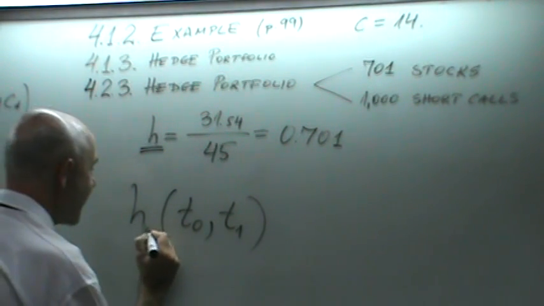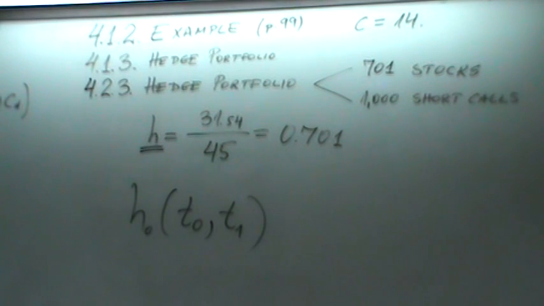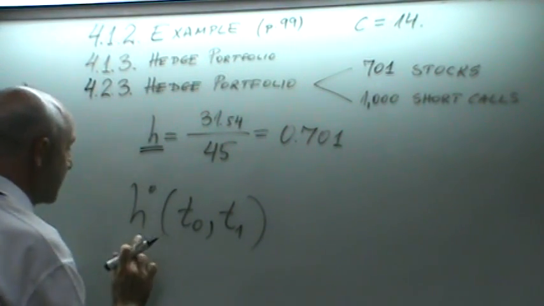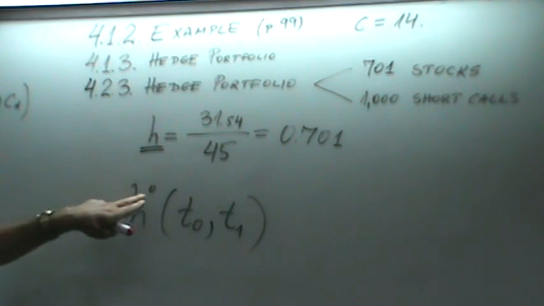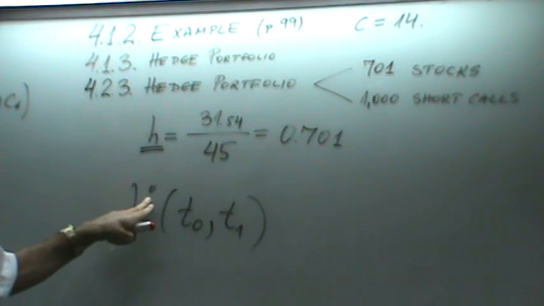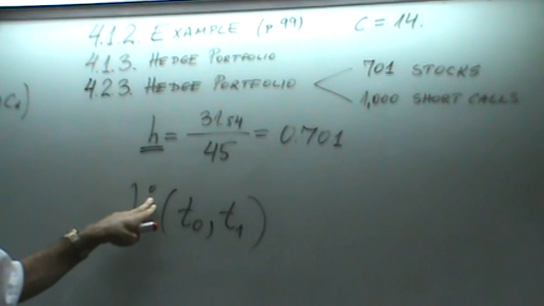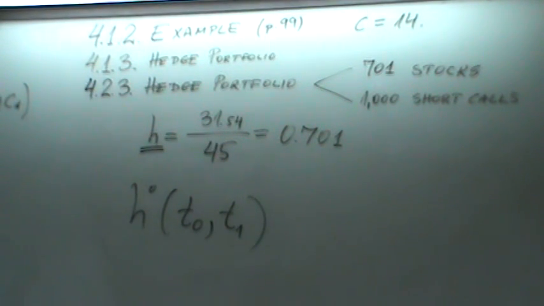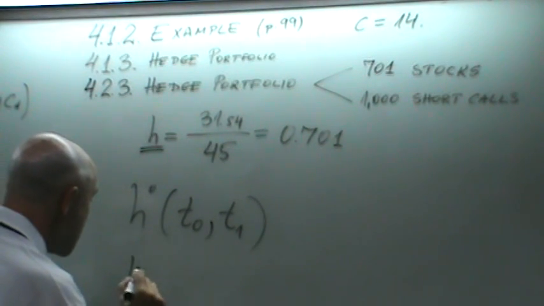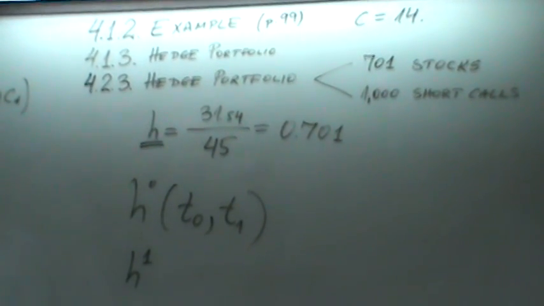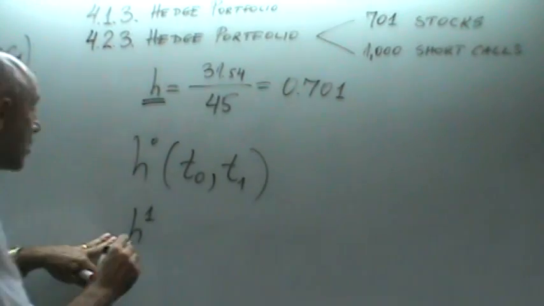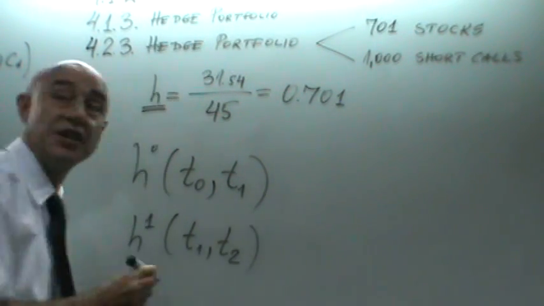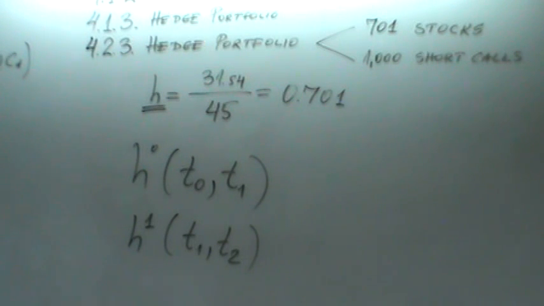That's H0. Okay, let's put the 0 over here. In other words, this is the current hedge ratio that you have to initiate at time 0. But then you're going to have a different hedge ratio from T1 to T2. Okay?